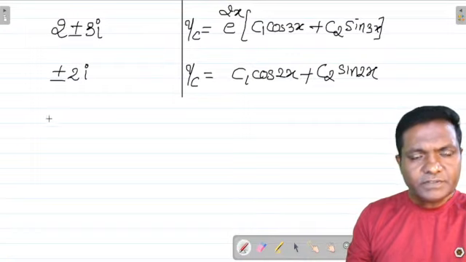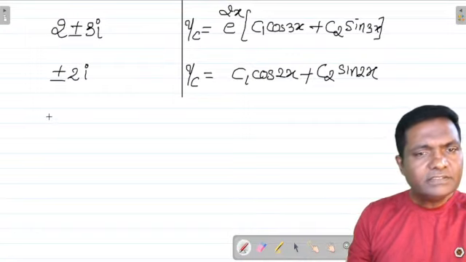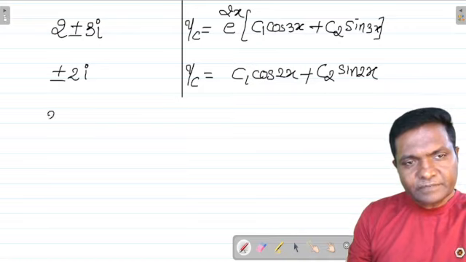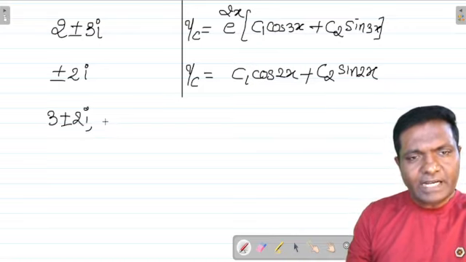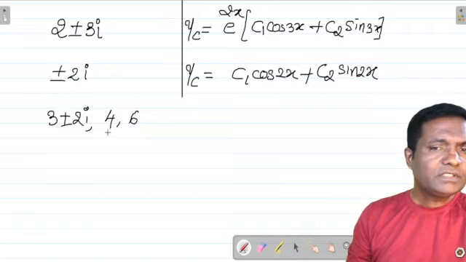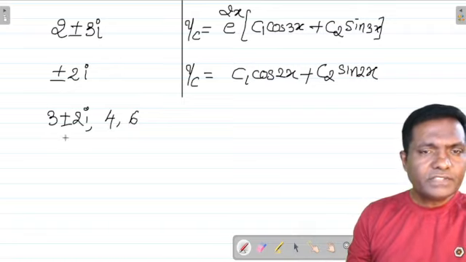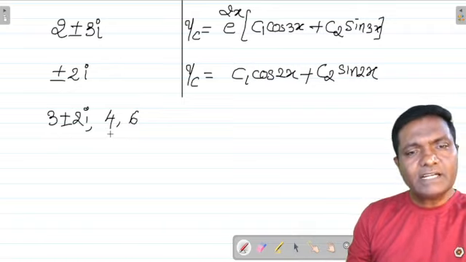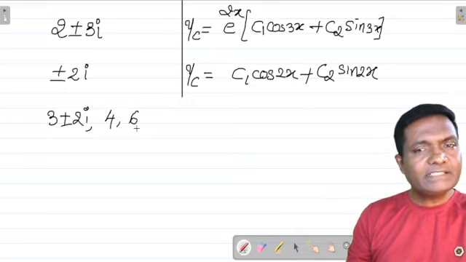Suppose the roots are 3 plus or minus 2i, which are complex, and another 2 are real and distinct, say 4 and 6. There are totally 4 roots, 2 complex and 2 real and distinct.